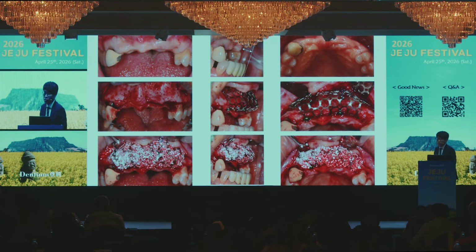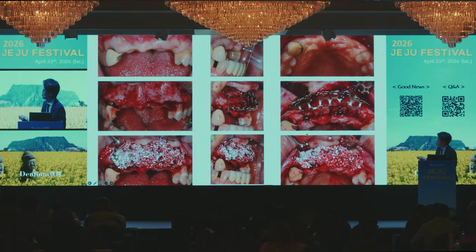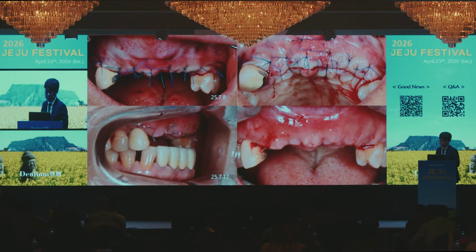At 3 months after extraction, the ridge became very narrow, so I placed titanium mesh, pre-shaped on a 3D model, and fixed it with screws. We screwed it, so we could fix it very firmly. And then I placed the bone graft materials, covered it with the collagen membrane and closed it.